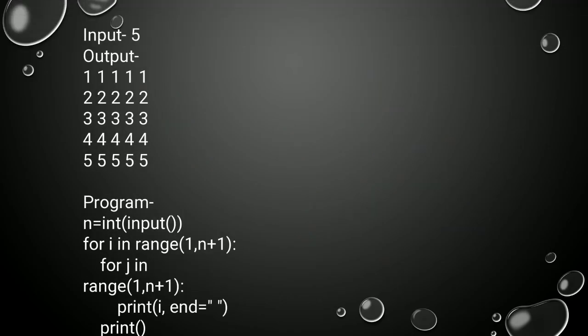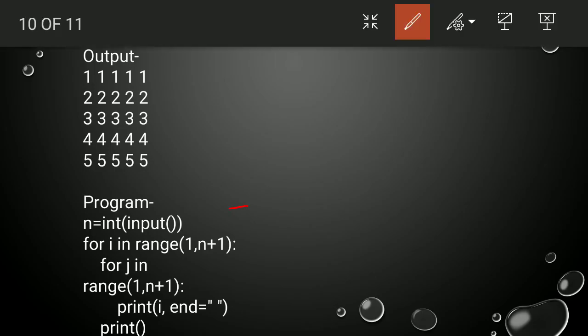Now in this pattern, we are printing 1 five times, 2 five times, 3 five times, 4 five times and 5 five times. So we do the same as the previous question for this also. n equals int of input, here we have taken 5.